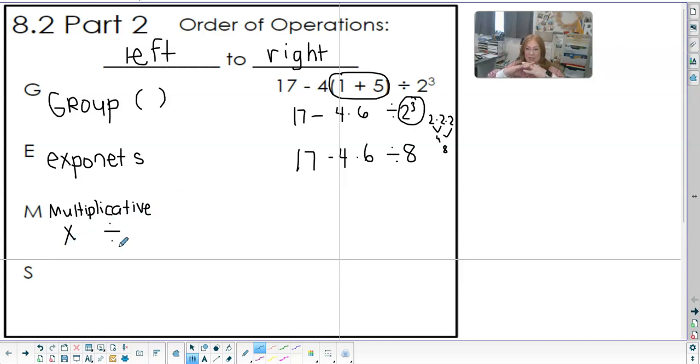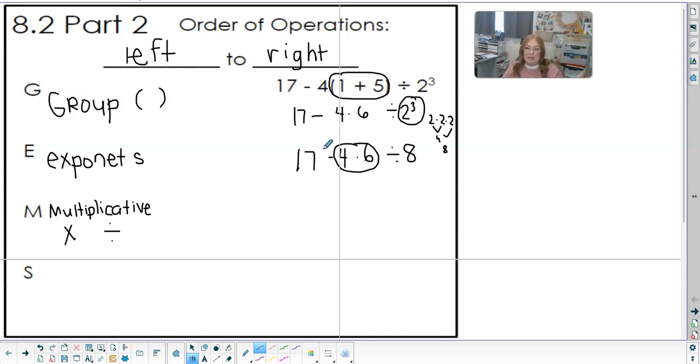They're the same thing, just opposites. You have to do the one you come to first. So this is where it's really important. We go left to right. So I start here. This is a subtract. So I'm not doing 17 minus 4. Oh, here we have 4 times 6. So we need to do 4 times 6 first before we do divide by 8.